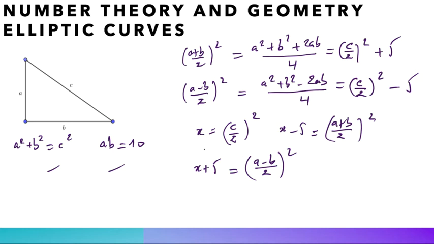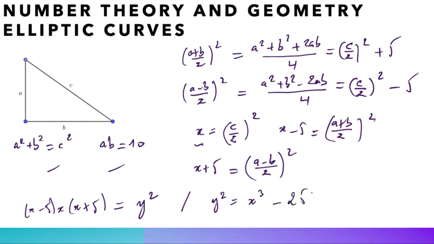Said in other terms, we're looking for a number x such that x minus 5 and x plus 5 are squares of rational numbers. This means that the number x minus 5 times x plus 5 must be a square of a rational number too. And this can be written as y squared equals x cubed minus 25x.